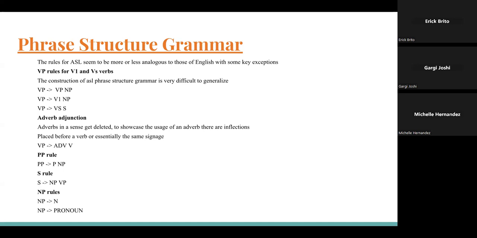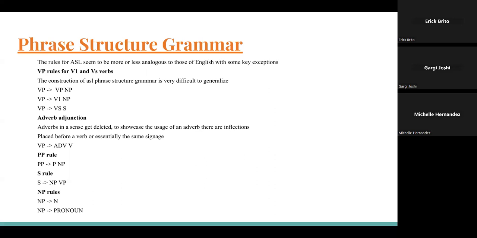So here we came up with structures as verb phrases. A verb phrase is created by another verb phrase and a noun phrase. A verb phrase is created by a transitive verb and a noun phrase, and then a verb phrase is created by a verb S and a sentence.